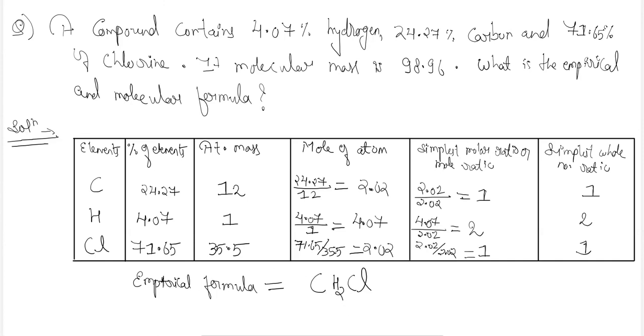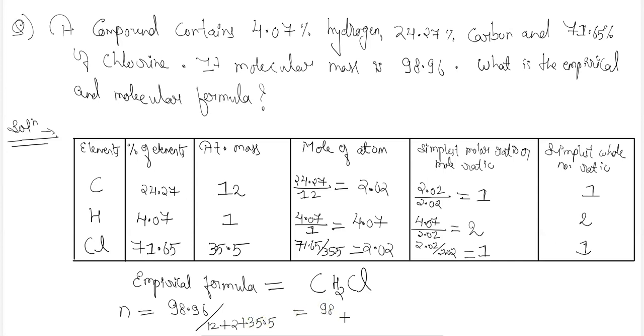Now let's start the calculation for the molecular formula. For molecular formula, we have to find out the value of n. So n is equal to molecular mass, which is given 98.96, divided by 12 plus 2 plus 35.5.